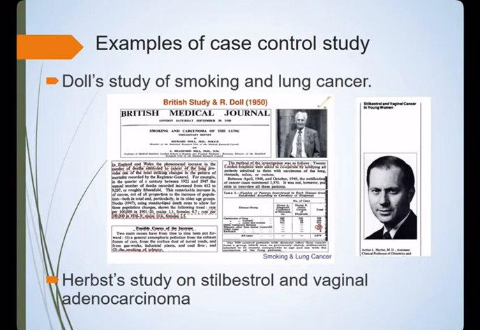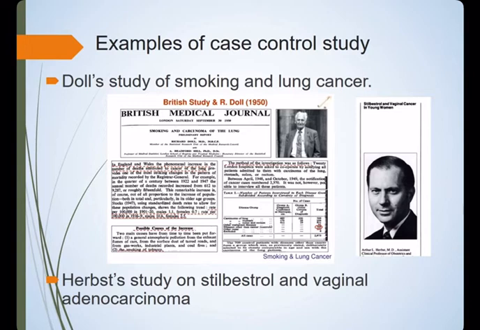However, the problem was that the control population, lung disease other than cancer, was biased in relation to the exposure. Despite this, their finding was supported by later cohort studies of smoking and lung cancer, and built the foundation for the association between smoking and lung cancer in history.